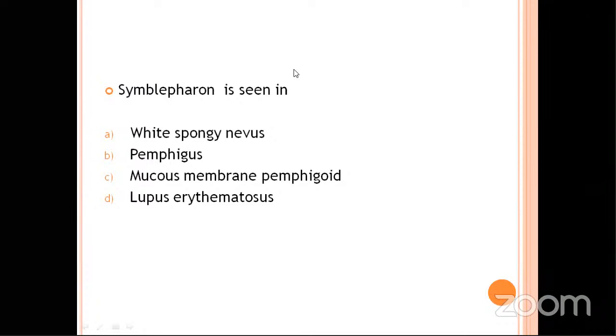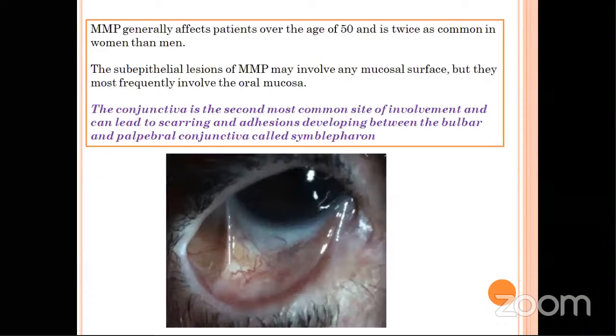Okay, so the autoantibodies will be directed against these hemidesmosomes, and then there will be an epithelial split causing ulcer. This is with respect to your mucosa, and later on it may affect the eyes of the patient, causing symblepharon. Okay, symblepharon is the adhesion between the palpebral and the bulbar conjunctiva.